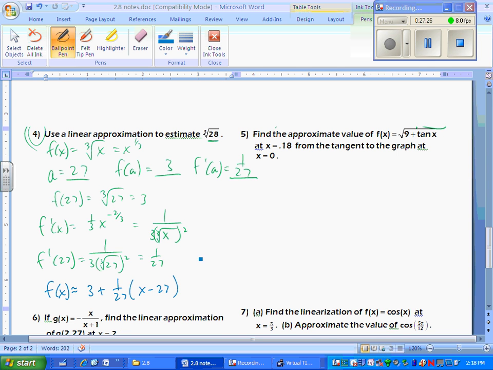We want to do this for 28, so f of 28 is approximately equal to 3 plus 1 over 27 times 28 minus 27. So we get 1 times 1 over 27, so 3 and 1/27.